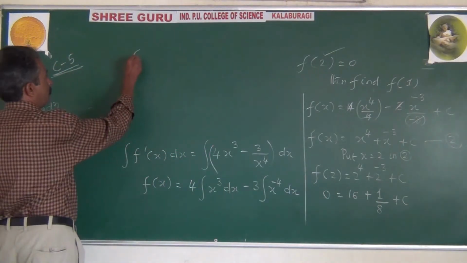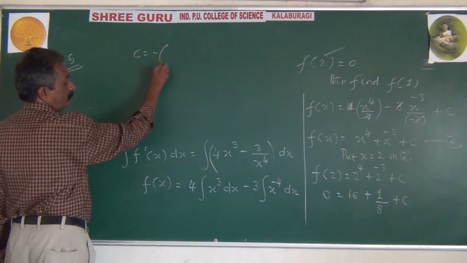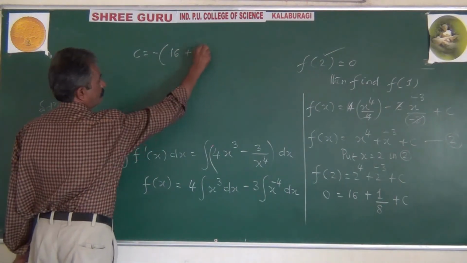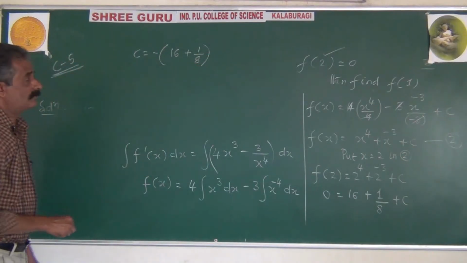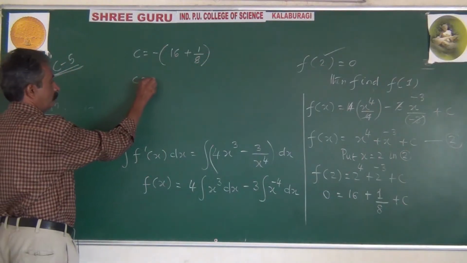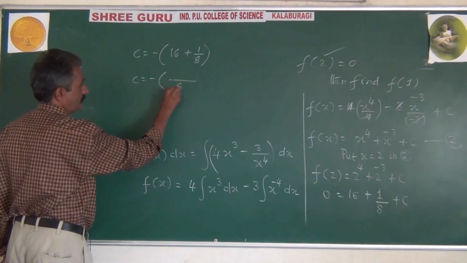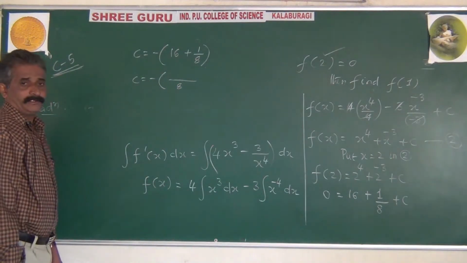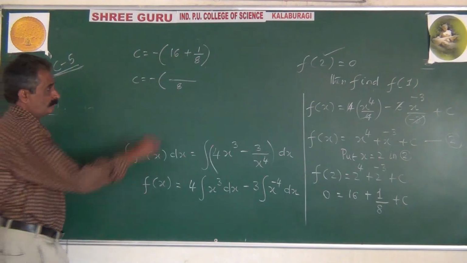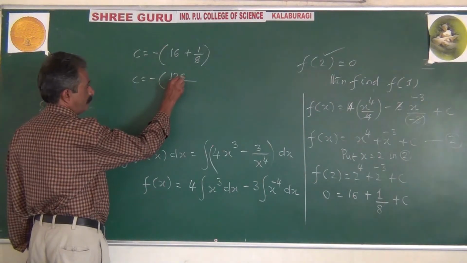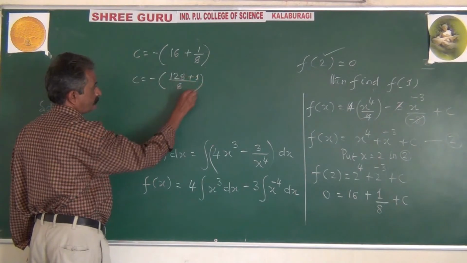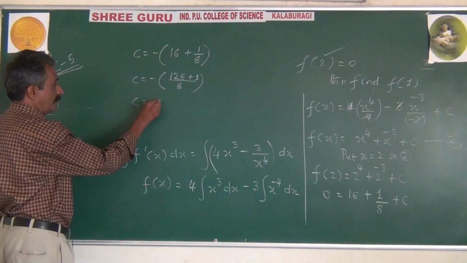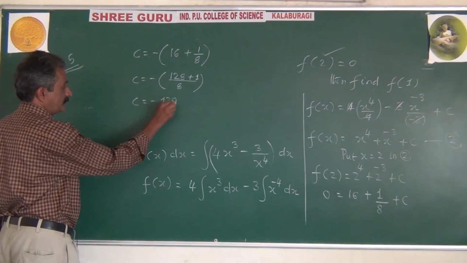So c becomes minus of 16 plus 1 by 8, or c equals to minus of LCM 8, 16 into 8, that is 128, plus 1, or c equals to minus 129 by 8.